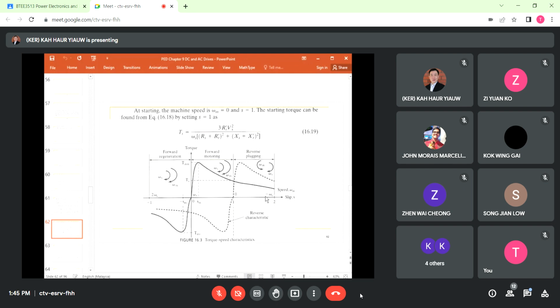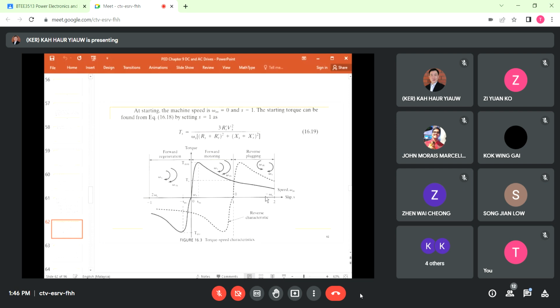In motoring, the motor rotates in the same direction as the field, and as the slip increases, the torque also increases, while the air gap flux remains constant. Once the torque reaches the maximum value, Tm at slip equal to Sm, the torque decreases with the increase in slip due to reduction of the air gap flux.